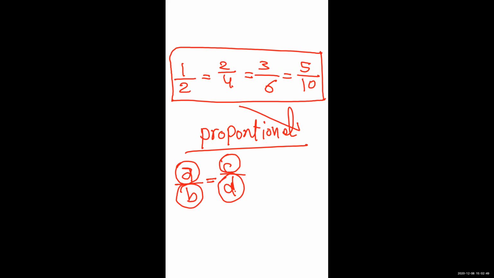Now A over B equals C over D, so simply A and D are the extremes, these two. And then what about C and B? C and B are the means.